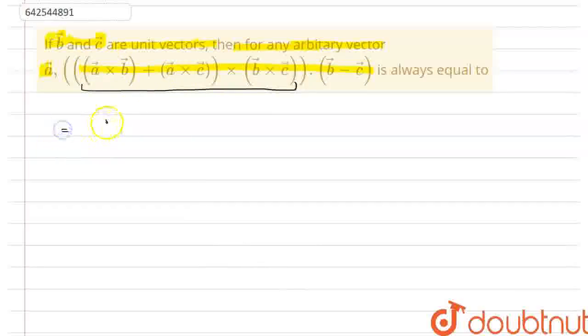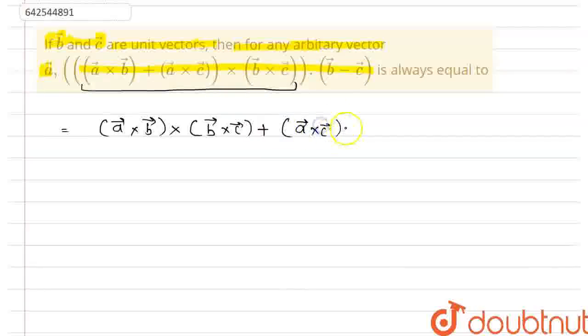So we will have a vector cross b vector cross b vector cross c vector, plus we have this cross this, that is a vector cross c vector cross b vector cross c vector.